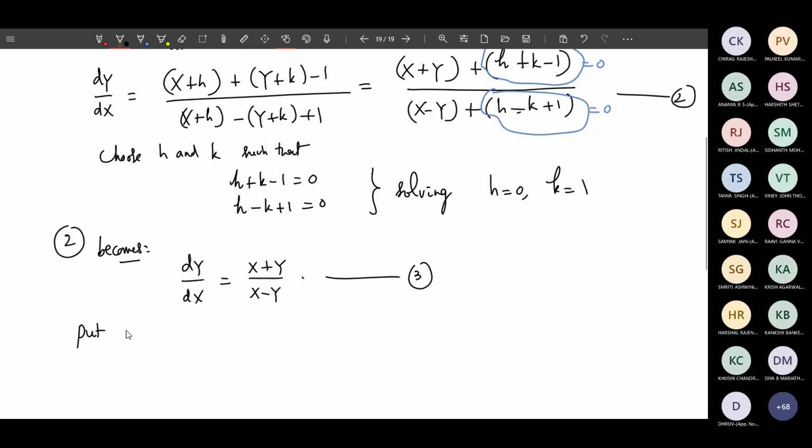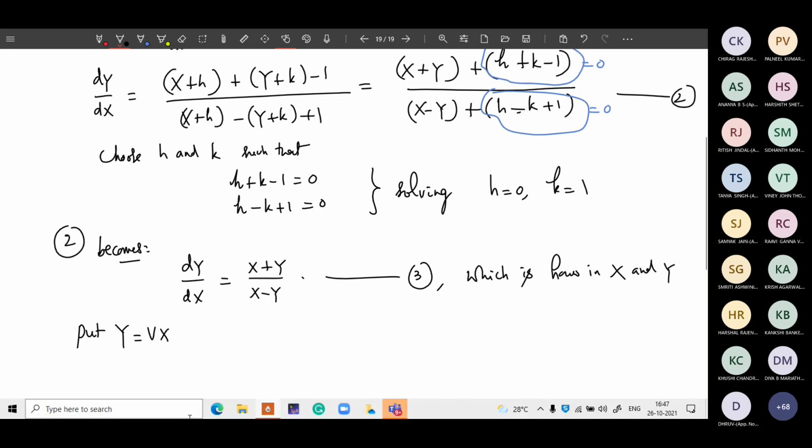Now if you put Y equal to vX, because it is a homogeneous equation in capital X and capital Y, the new variables, the degree of each term is the same in the numerator and the denominator.